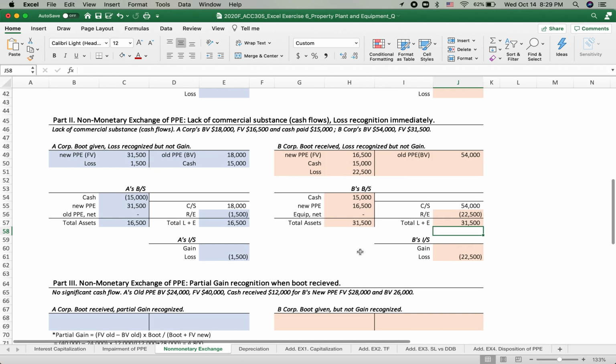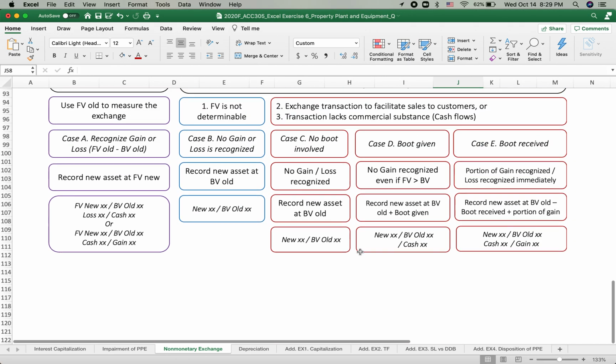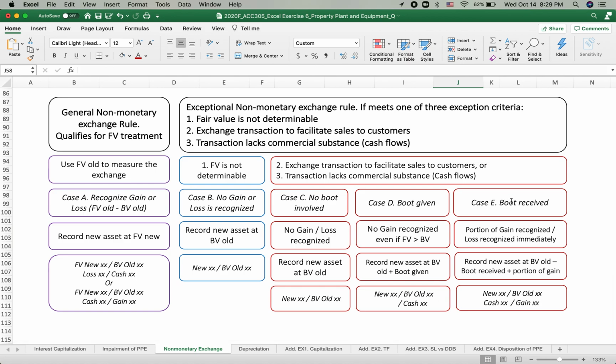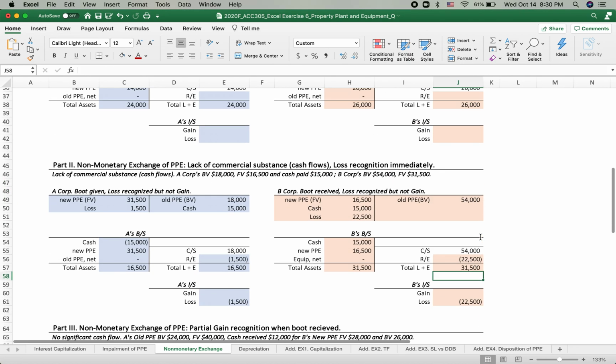That is the case of E, when the boot is received by company B. The company B received the boot, but the loss is recognized, because the book value is greater than the fair value.